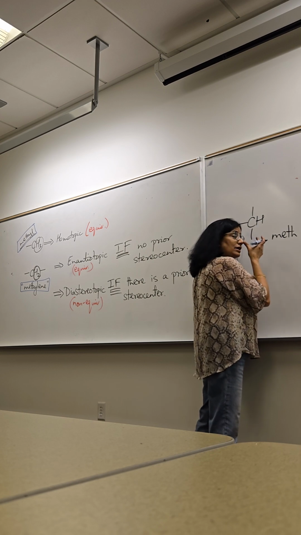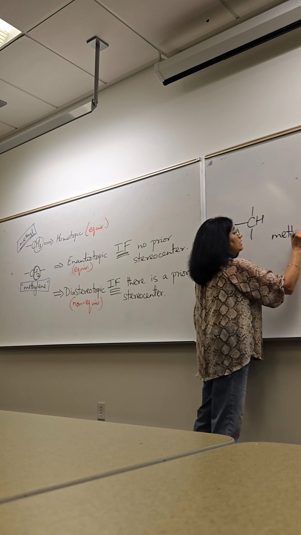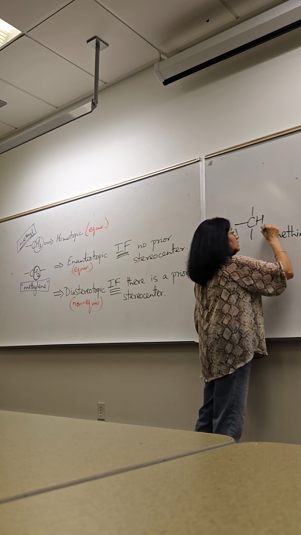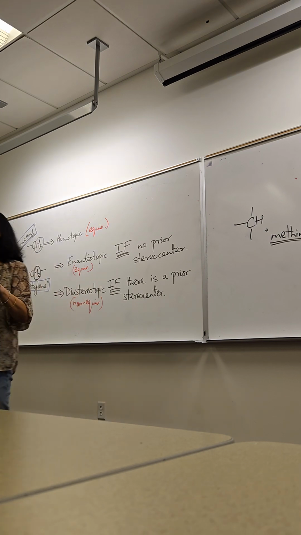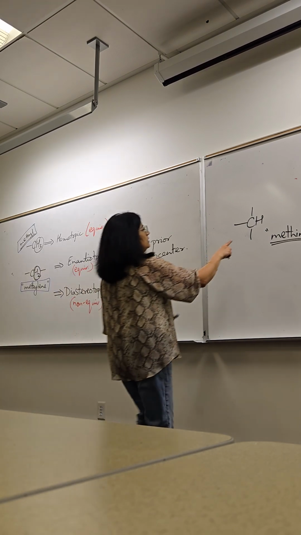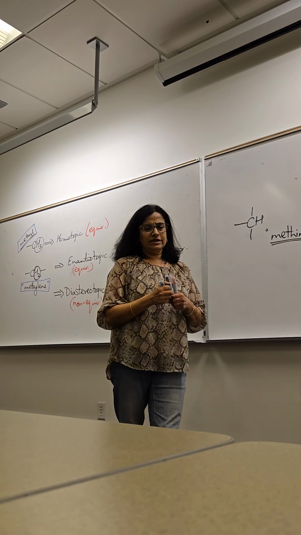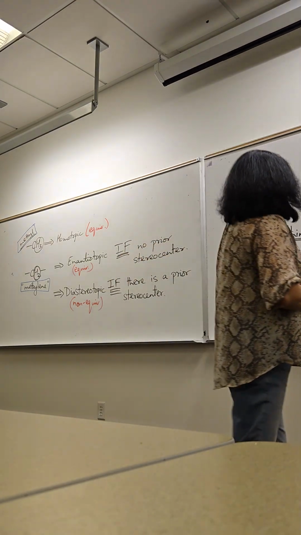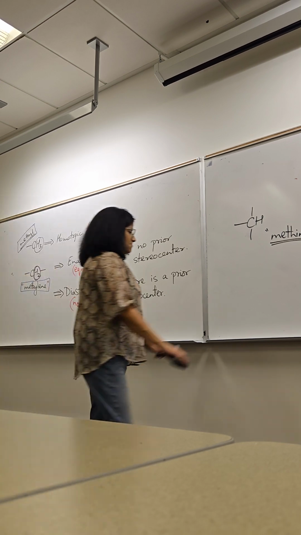Is it YNE or INE? I think it has to be INE. So when somebody says, where's that methine group? They're talking about a carbon with one hydrogen on it, an sp3 hybridized. These are sp3 terminologies. Are you guys with me? So ready to do more examples?